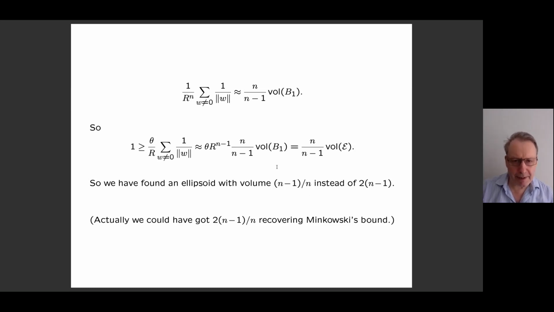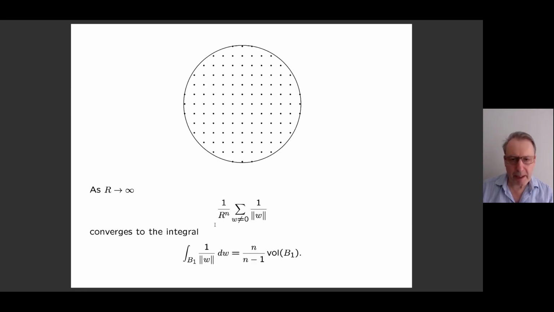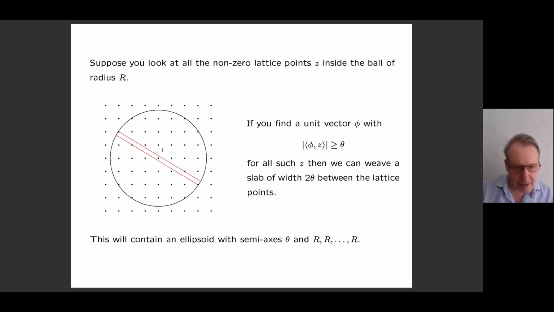Actually, this argument I went through, I could have modified it slightly to get an answer twice as big, because you see, for each point here, it's got an opposite point, and if I exclude one of those from my slab, then I automatically exclude the other because the slab is symmetric. Perhaps the previous picture is better. So this point here, if I exclude that, then the opposite point is automatically excluded as well because the slab is symmetric.